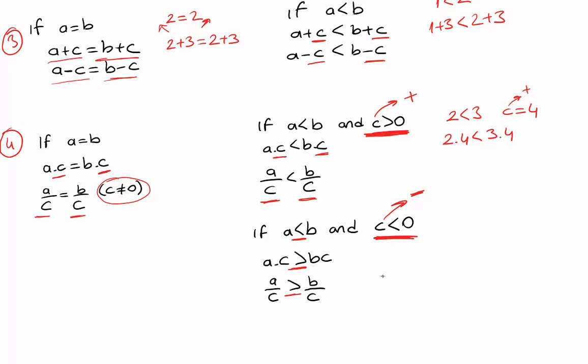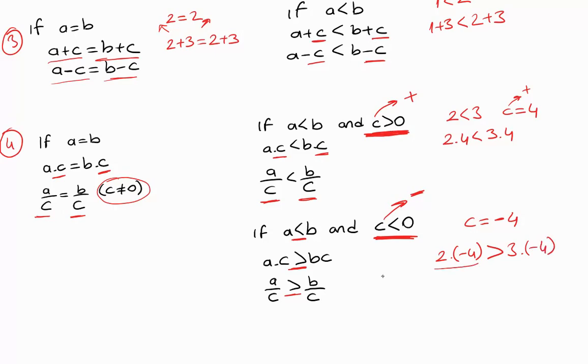It's still less than. But if I choose C equal negative 4, my inequality will change. 2 multiplied by negative 4 is now bigger than 3 multiplied by negative 4.